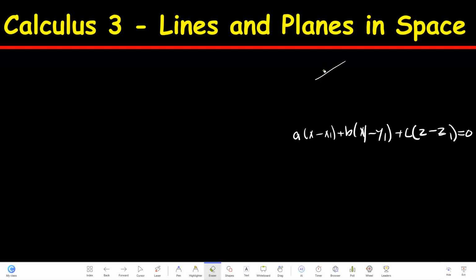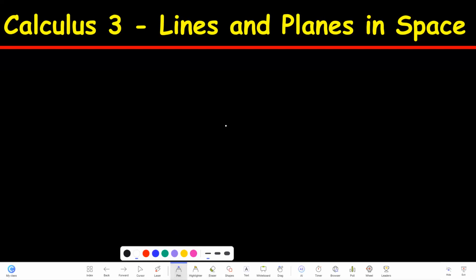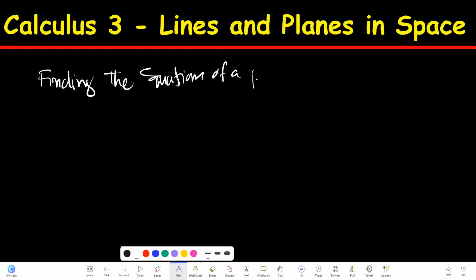So in order to find the equation of the plane while only three vertices are given, we are going to be finding the equation of a plane given three points. And what exactly is given is we have three points.